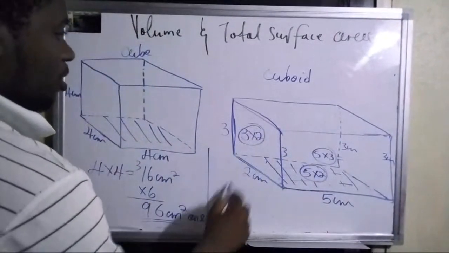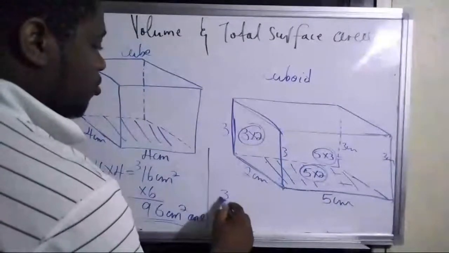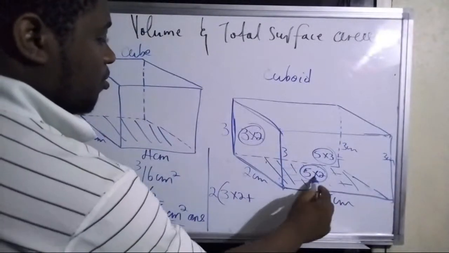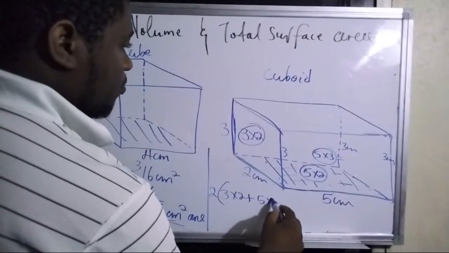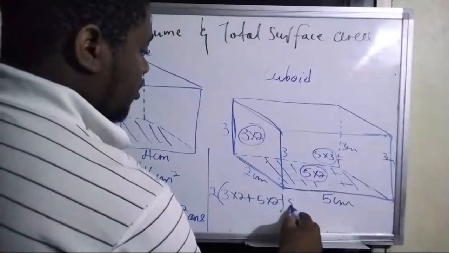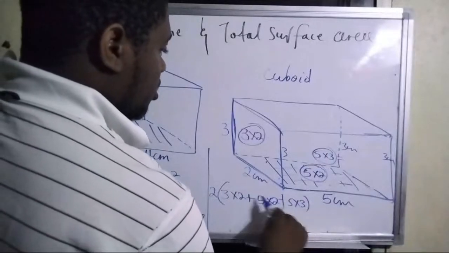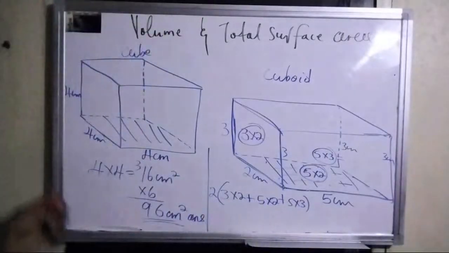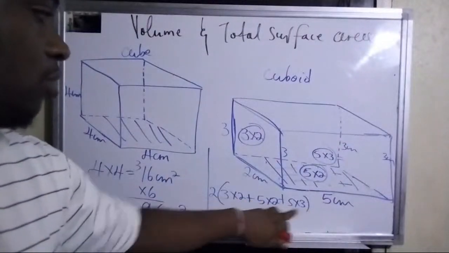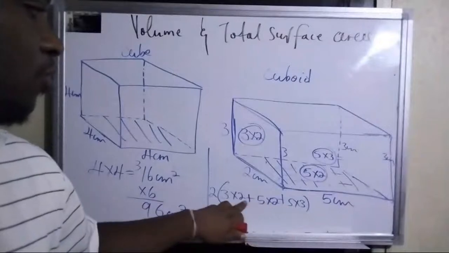Alright, so let us do that. This side is a 3 by 2. Base is a 5 by 2. And this one now, a 5 by 3. I tell my students, each one of them is going to occur 2 times. See there? 2, 3, 2, 5, and 2, 2.